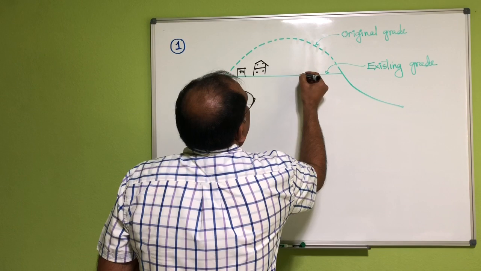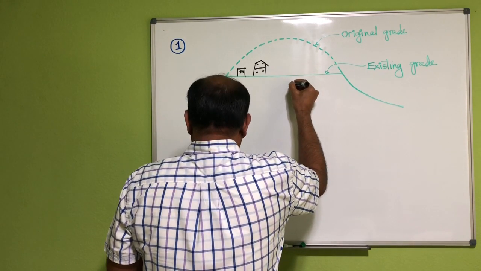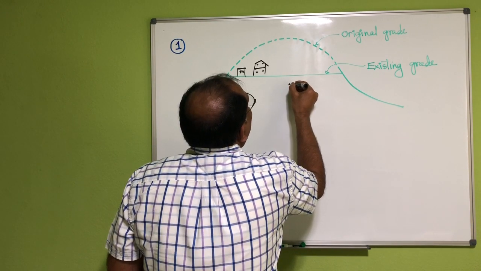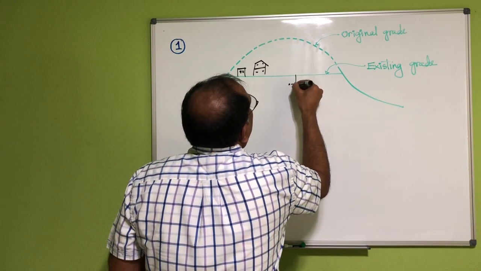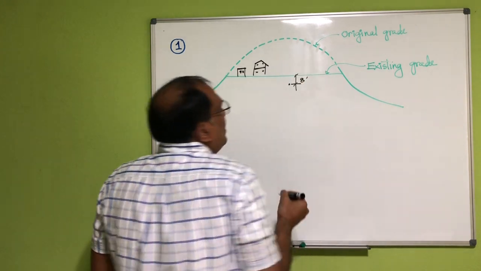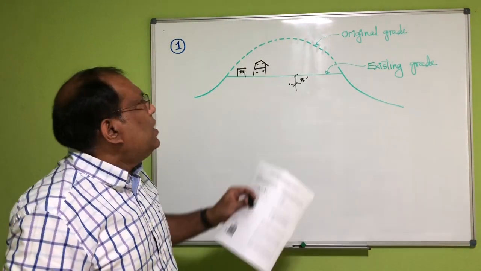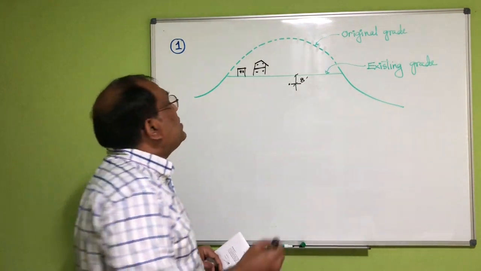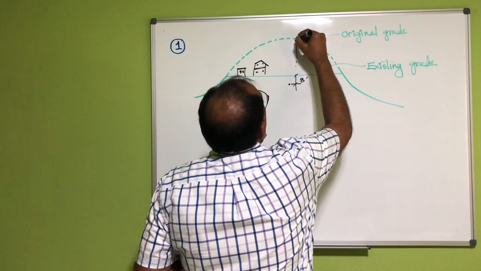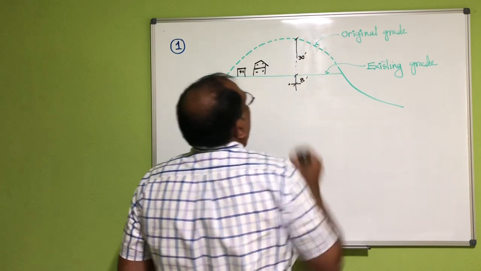Let's say this is your finished grade and you were trying to get some soil from here, which is 8 feet below, and you realize from the past records that actually the original grade was much higher, and that was actually here, which is 30 feet from there.